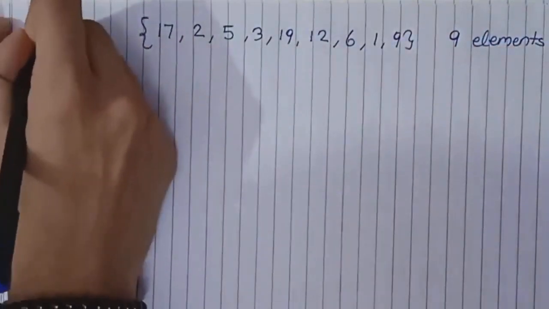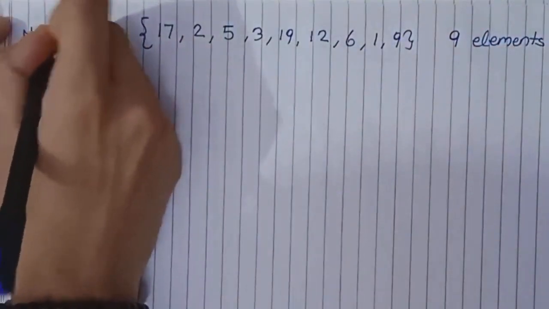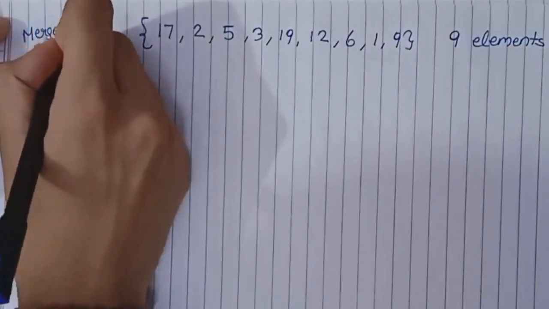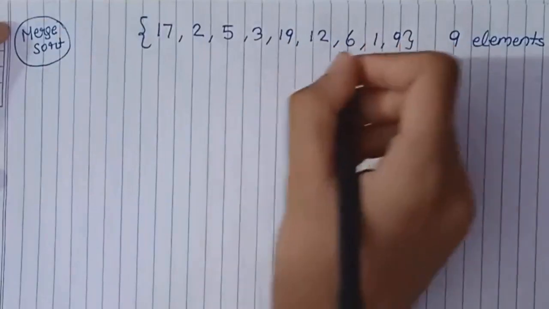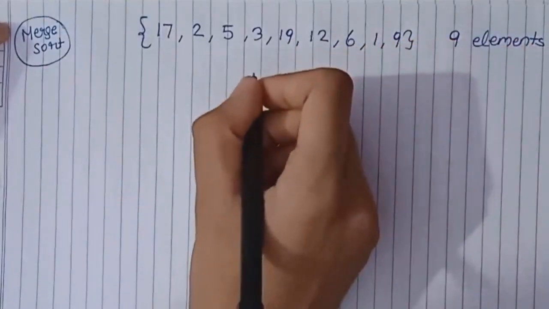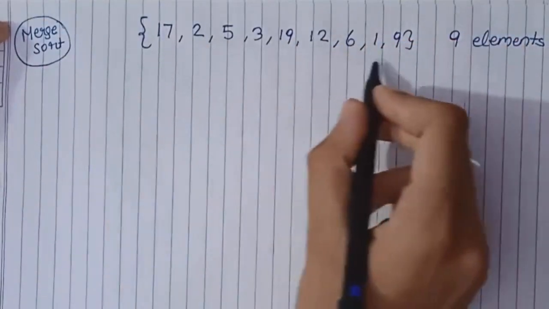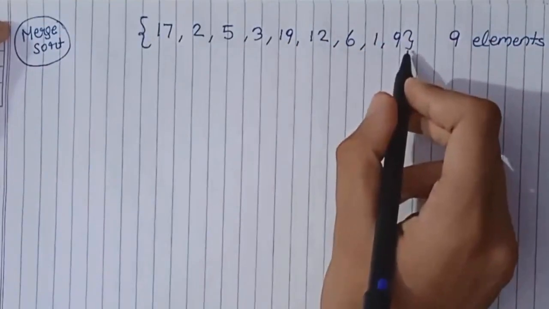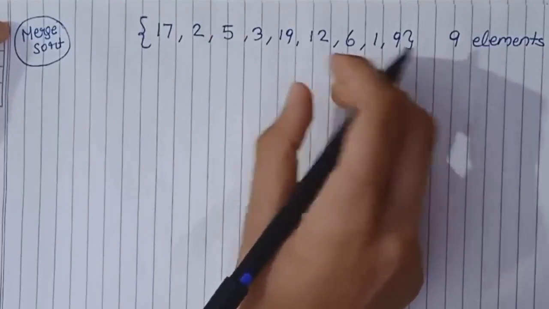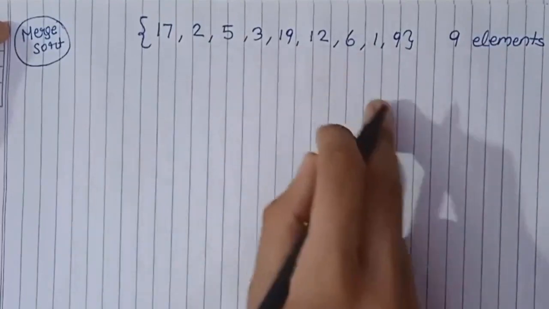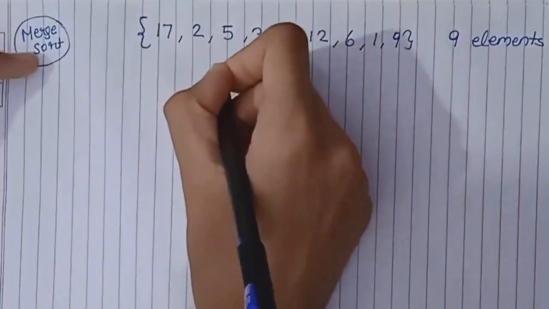If I want to sort this array by applying merge sort, first of all we need to start with the divide procedure. Since this is not a single element array, the divide procedure enters into the game and will divide this array into two arrays.